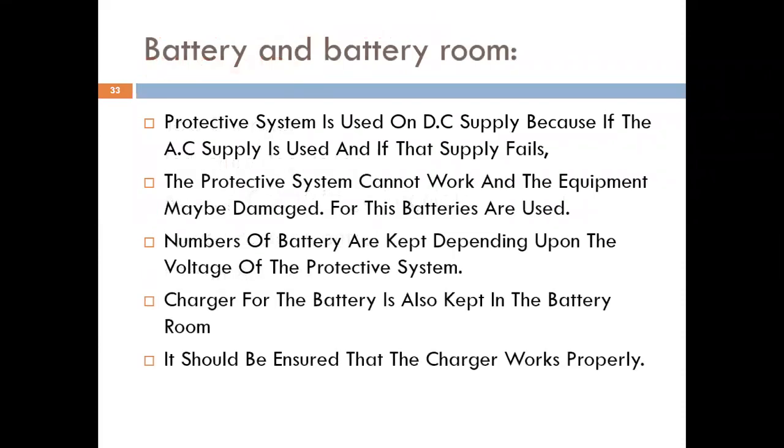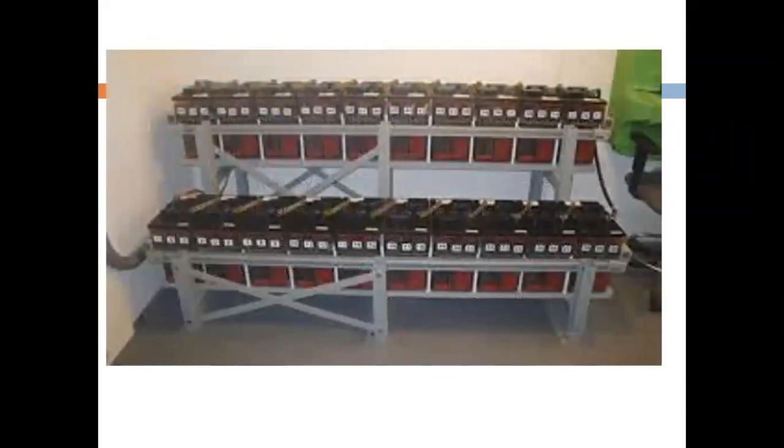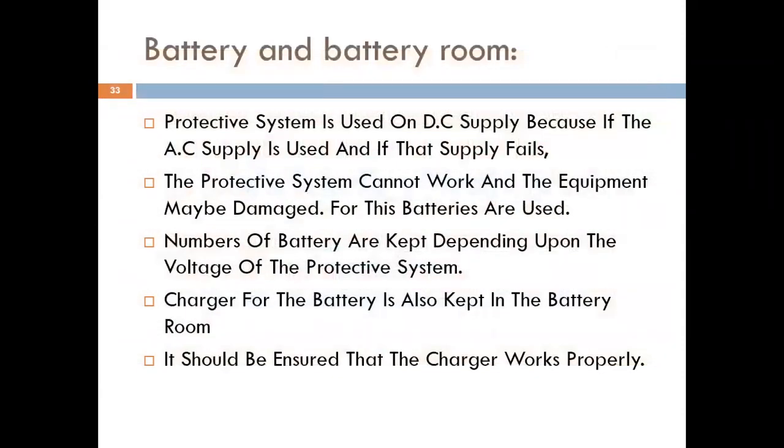Now, battery and battery room: why is the battery room provided? You see in the first picture a battery and battery room. Liquid chemical batteries are provided for the substation, and it is a protective system that uses DC supply, because AC supply is an alternating supply and DC supply is a continuous supply, with no change in the supply system.